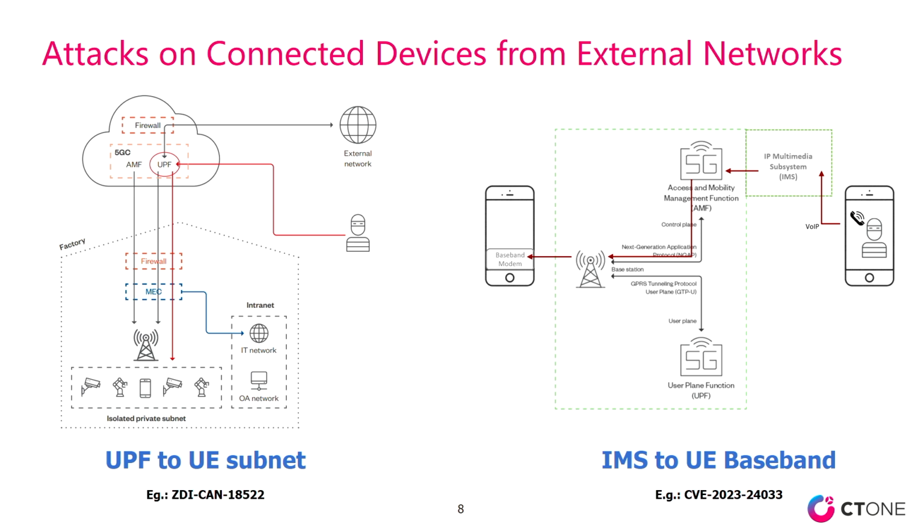These are a couple of attack vectors that we spoke about at Black Hat EMEA last year. In this one, an attacker on the internet can take advantage of the exposed interface in the UPF, and if the UPF has this flaw, the attacker can go directly to the connected devices in the private subnet.